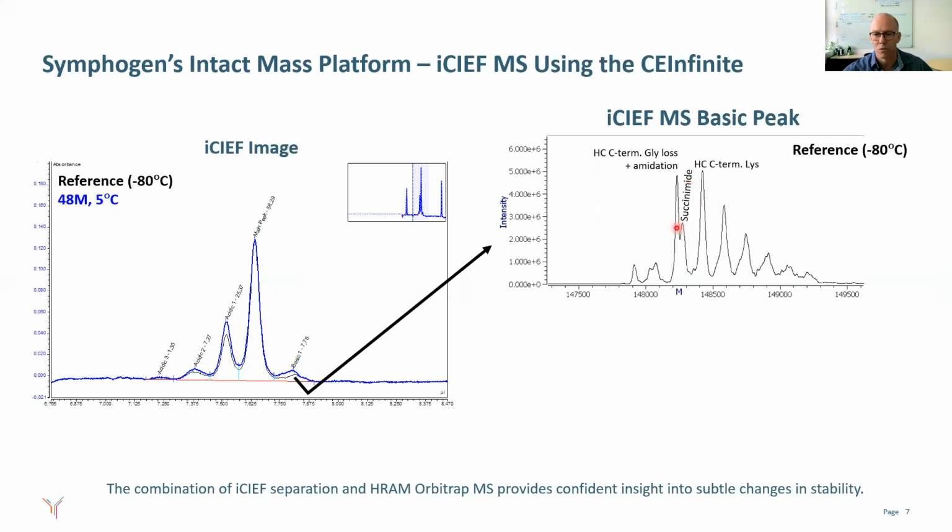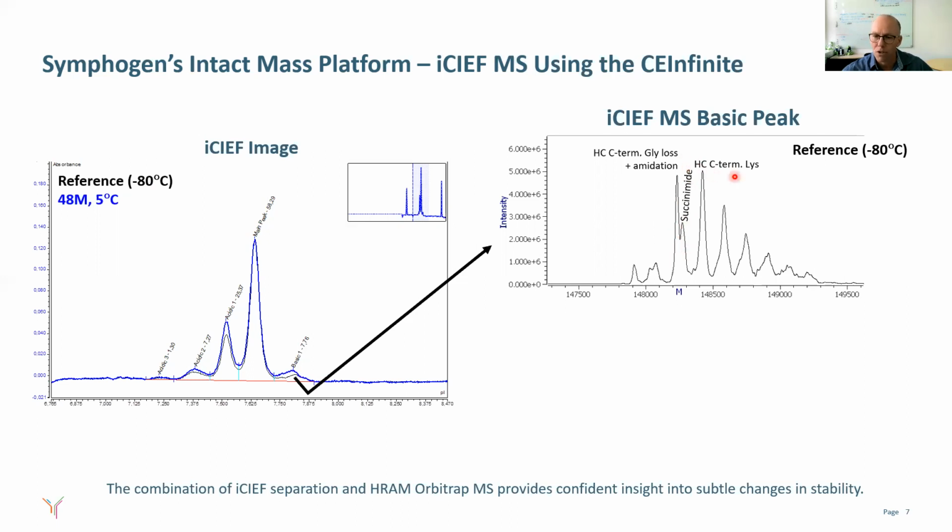The mass difference between these 2 forms is only approximately 40 Dalton, so they have overlapping isotopic patterns, and that is where the high effective or high spectral resolution of the Orbitrap platform for large biomolecules really shines, because you rely on the high spectral resolution to distinguish between these very similar forms.